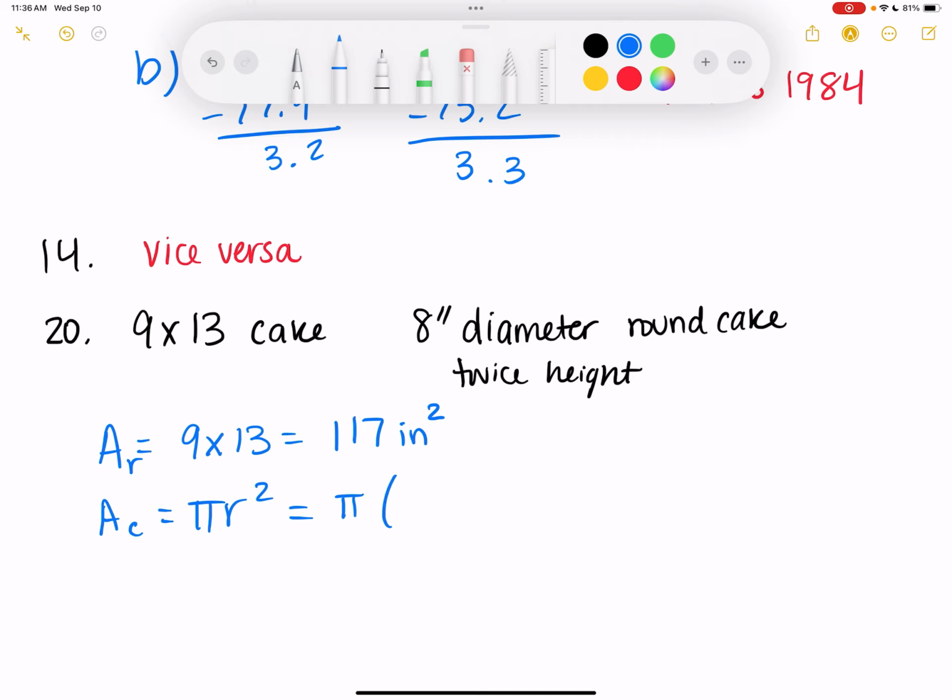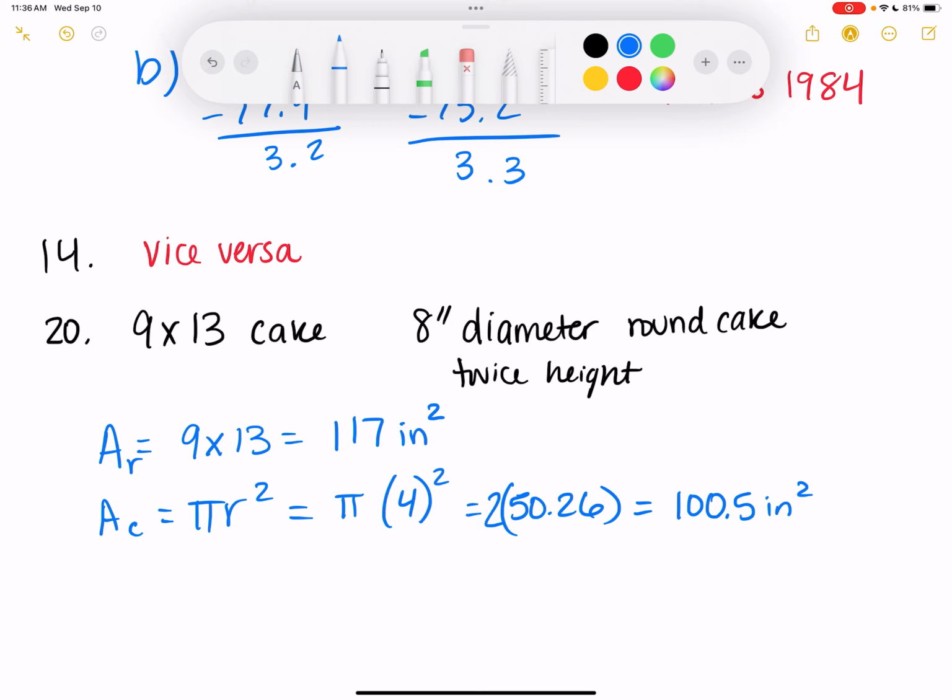So that's 16 times pi, which is 50.26. It says it's twice the height, so I'm going to multiply this by 2 and get 100.5 inches squared. So which cake is the better one for the price?